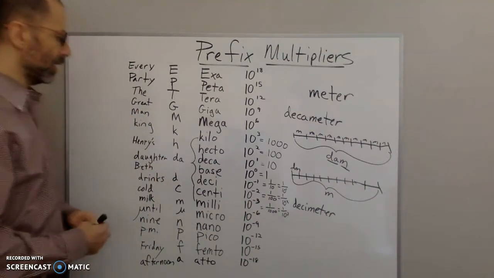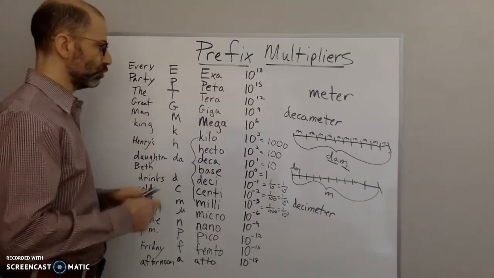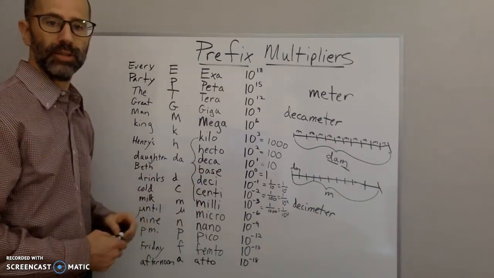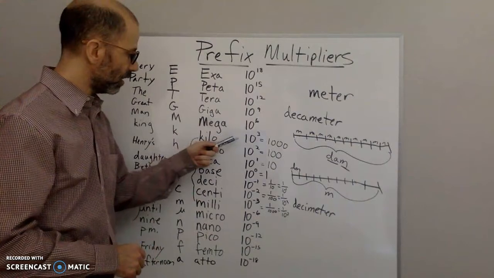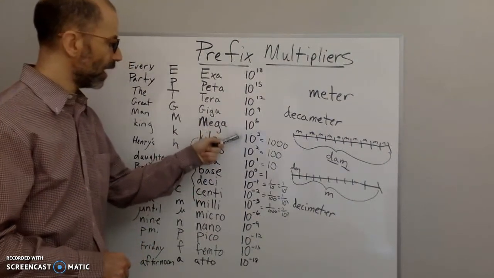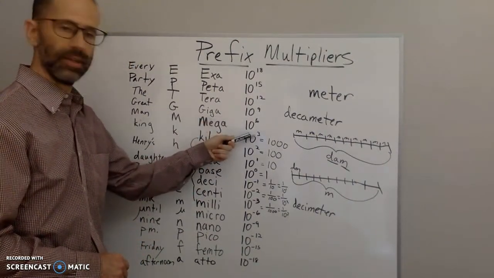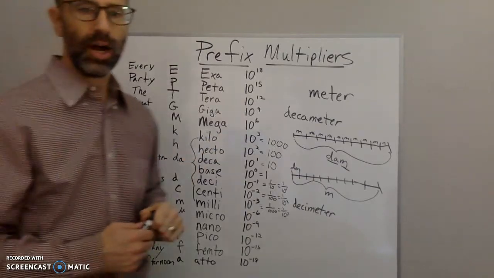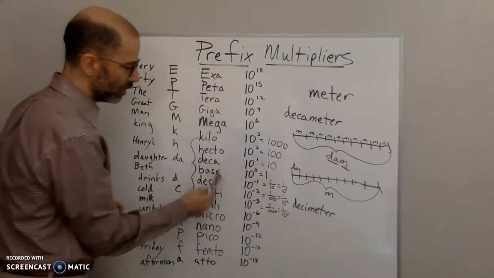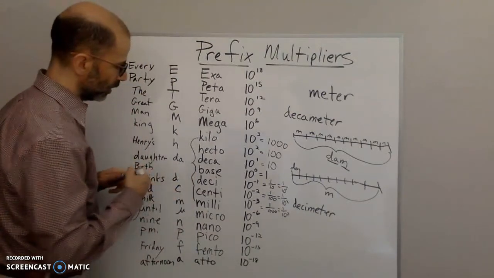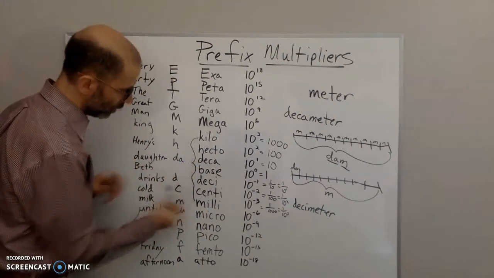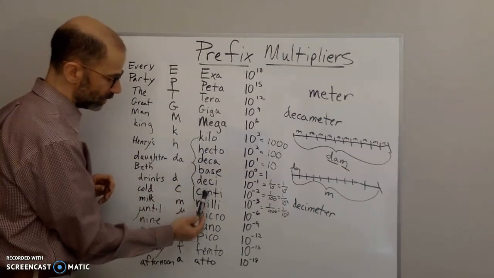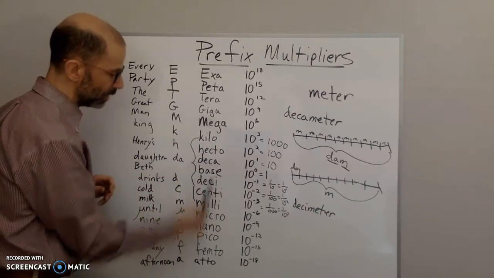Now, quickly, with regard to the multipliers, one way to remember their order is that a lot of them differ by a factor of 1,000, or their exponents differ by 3. All you need to do is remember this core order: kilo, hecto, deca, base, deci, centi, milli.